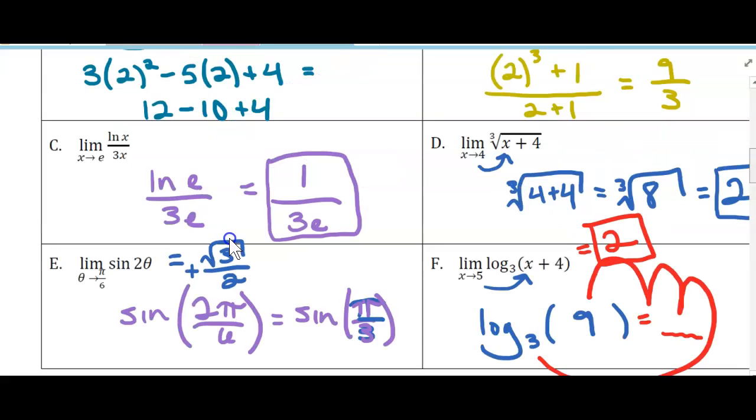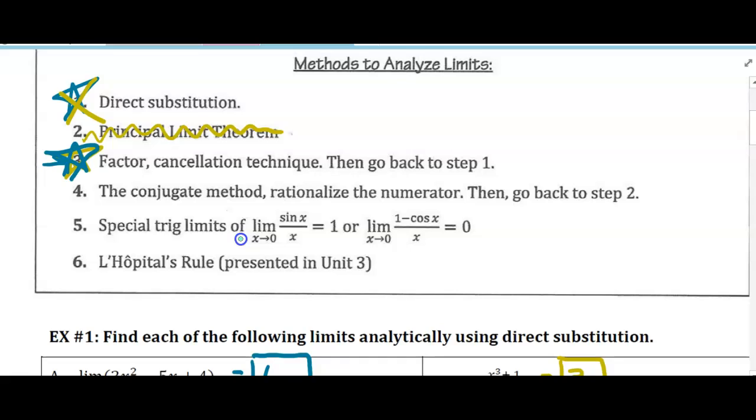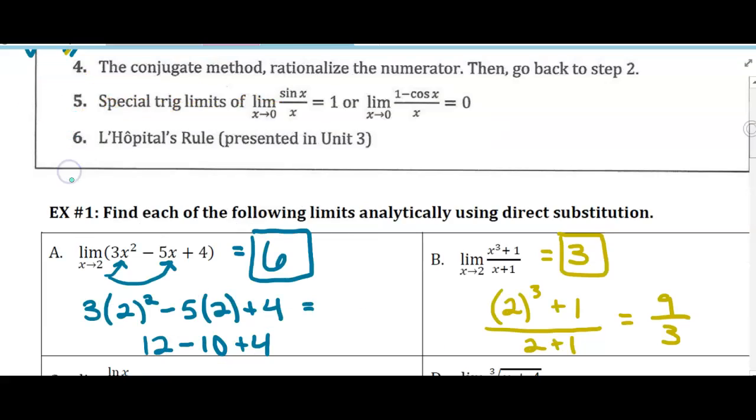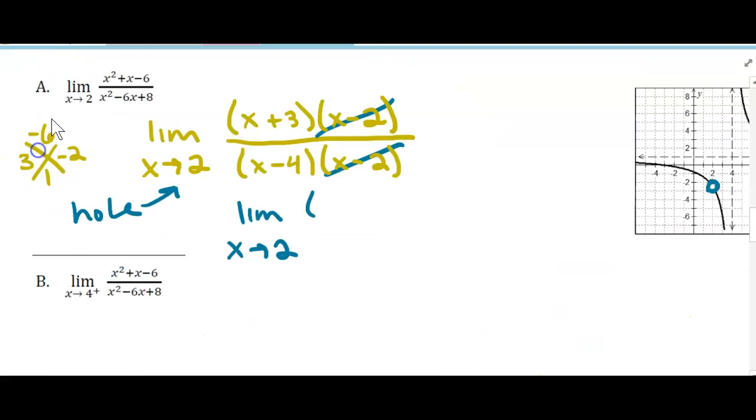Once we find a step that works, we found, hey, direct substitution didn't work at first, but once we factored, yay, that was good for us. We're going to go back always to direct substitution with my simplified function. And so now I have the limit as x approaches 2 of (x + 3) over (x - 4).